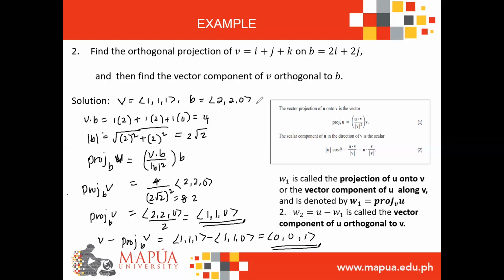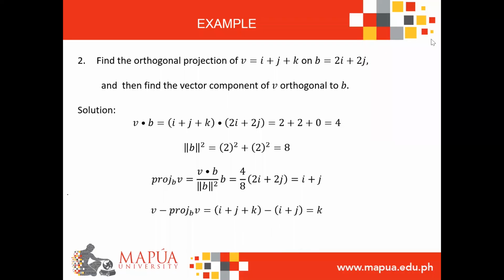So that is the lesson on vector projections. We have here the answer on this slide, so let's compare my answer to the answer provided here. The answer is in ijk notation, so let us rewrite it using the angle bracket form.